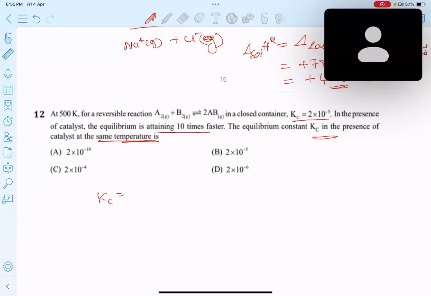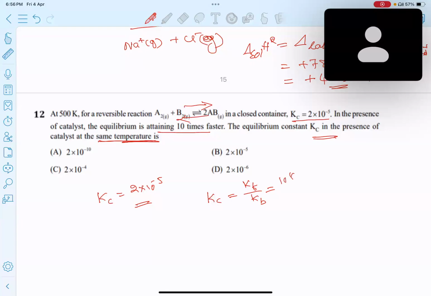It is the rate constant of the forward reaction divided by the rate constant of the backward reaction. By using a catalyst, both the forward and backward reactions take place at the same rate.